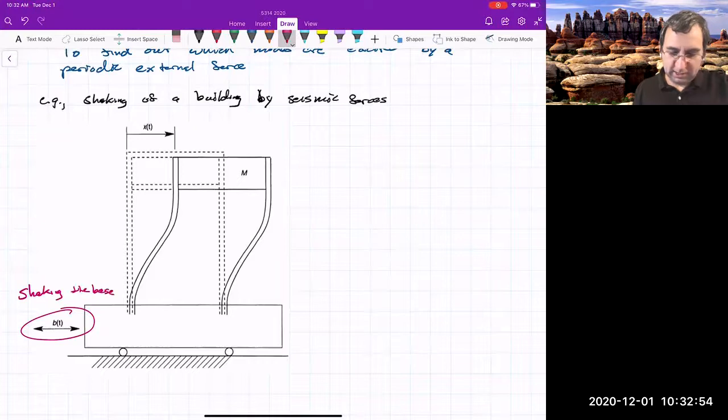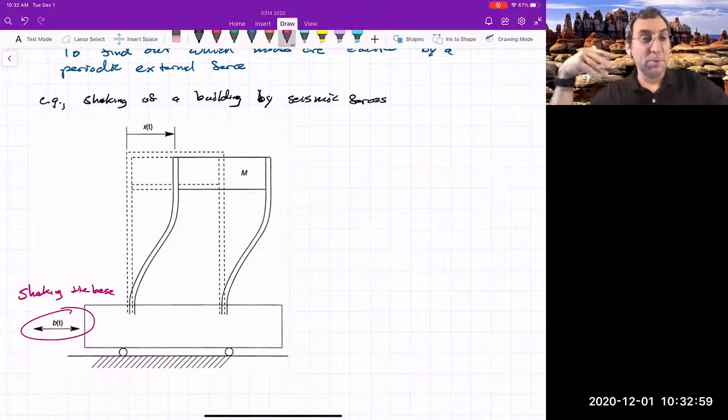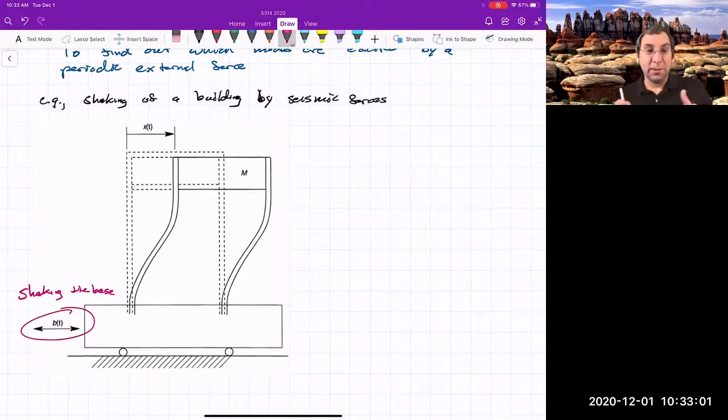And let's say that, just for conceptual purposes, imagine the base of a building is being shaken by some periodic distance b that changes with time.